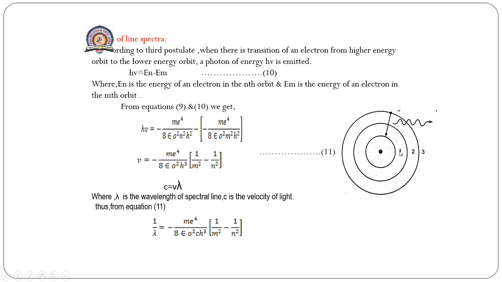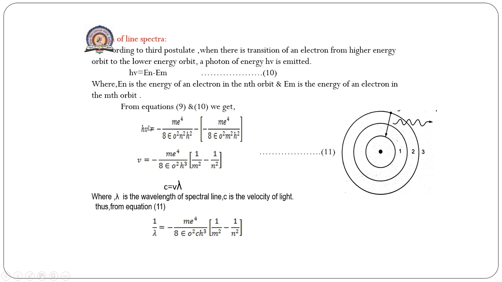The orbit n is equal to 1 has energy E1, and n is equal to 2 has energy E2. The value of En minus Em must be the energy radiated by one photon, where En is the energy of an electron in the nth orbit and Em is the energy of an electron in the mth orbit.